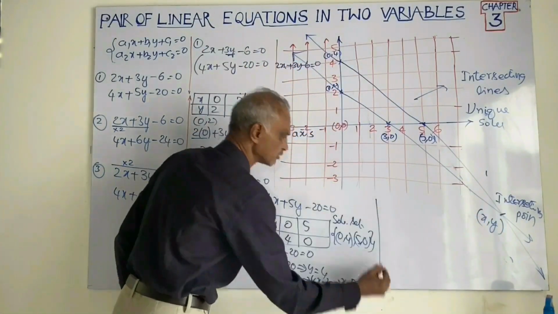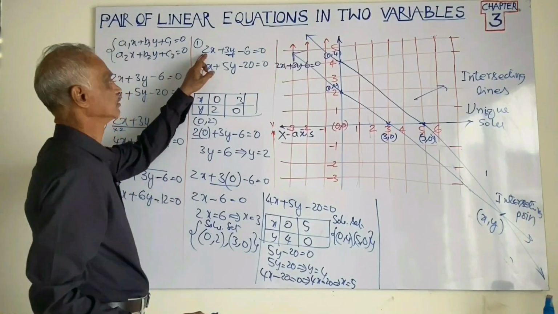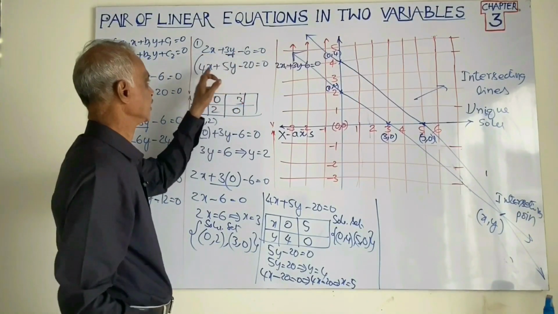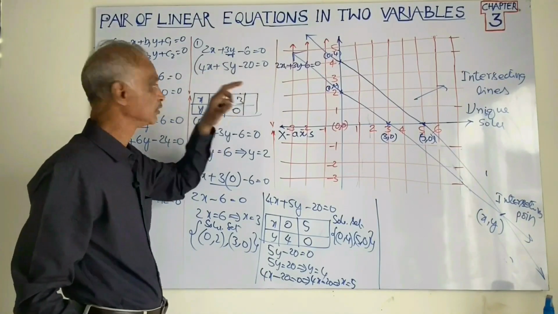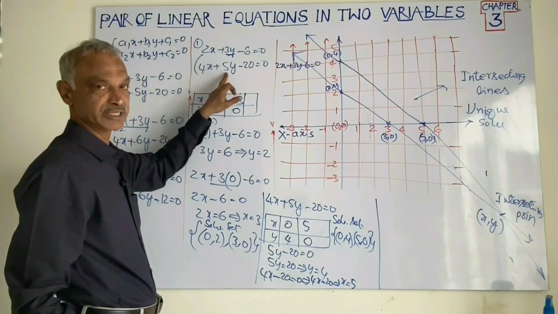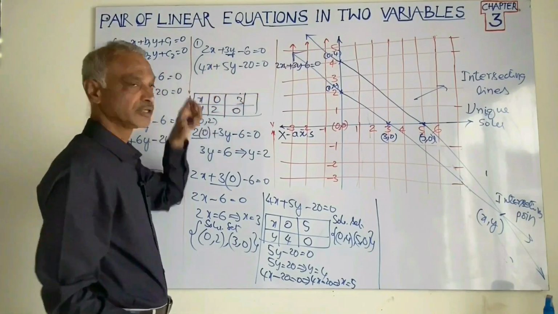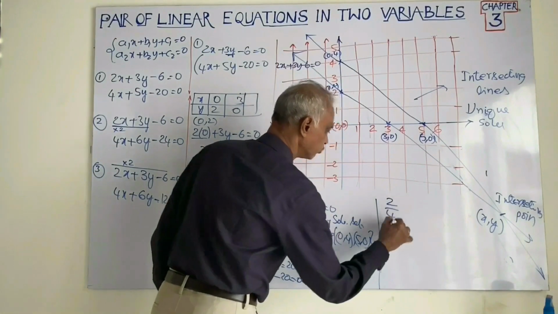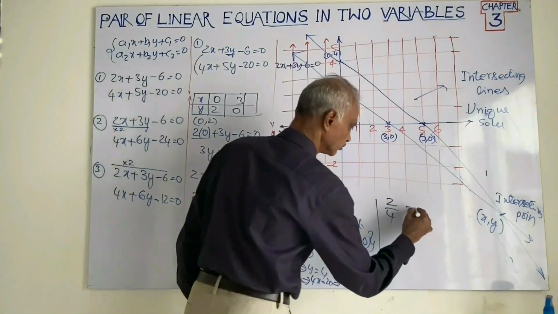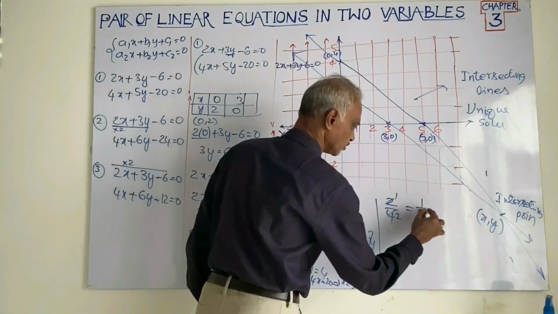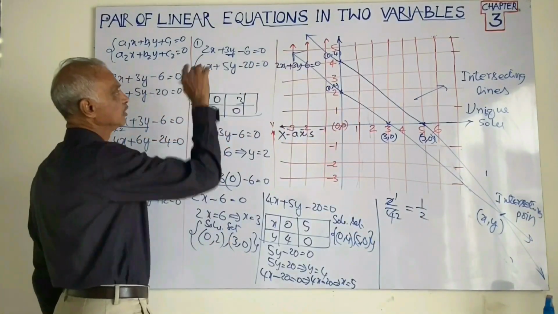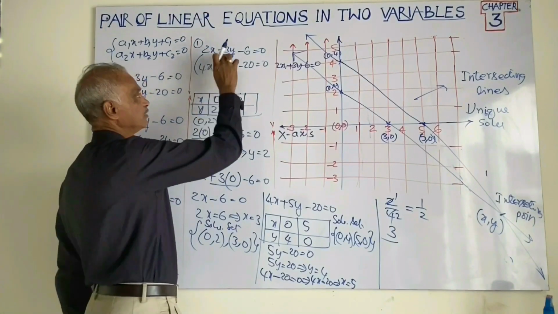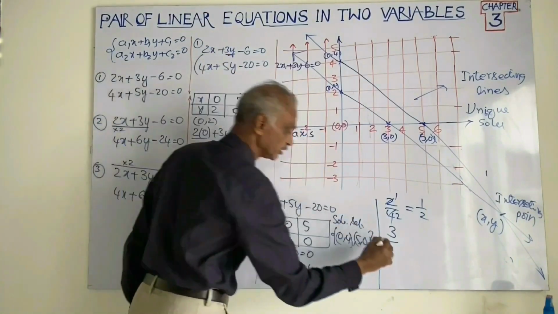You observe: a1x plus b1y plus c1 is equal to 0, and a2x plus b2y plus c2 is equal to 0. You observe these two: a1 by a2 is 2 by 4, which is 1 by 2, and b1 by b2 is 3 by 5.